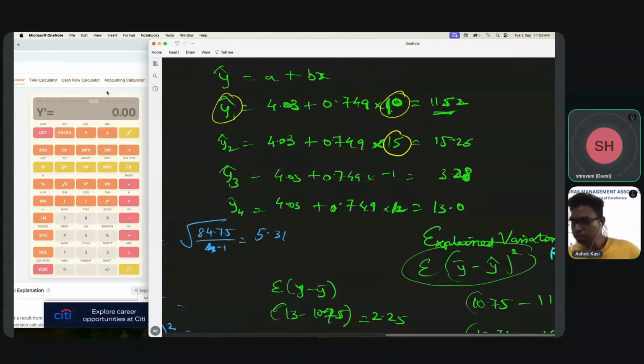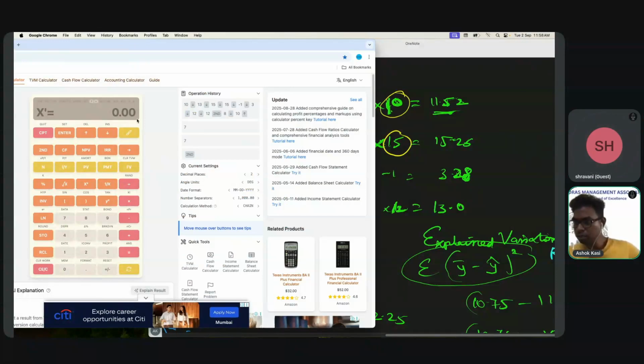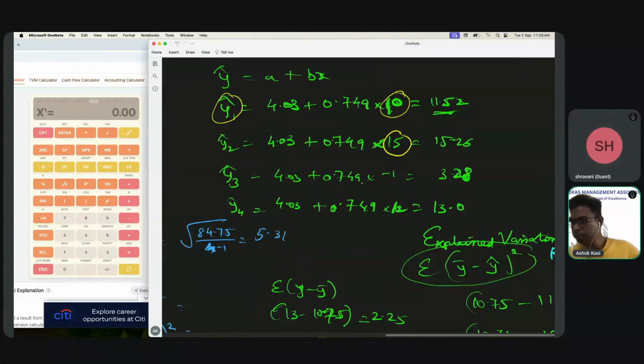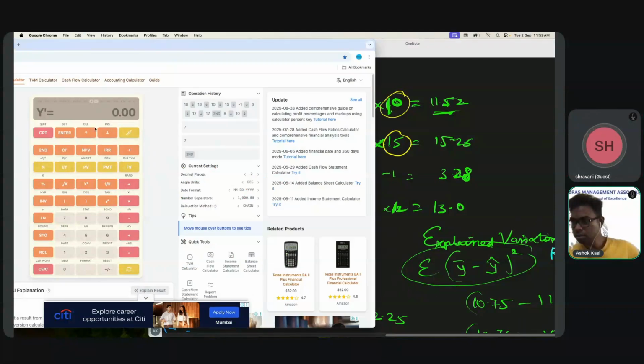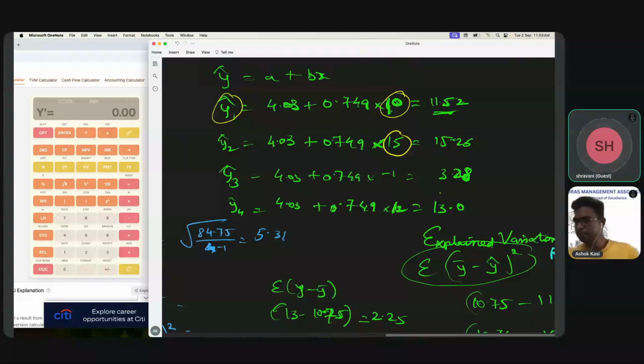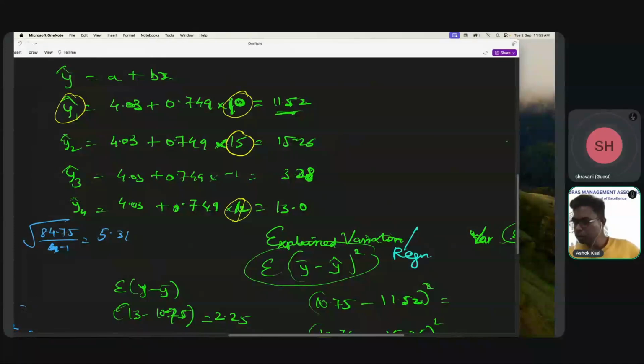Then similarly, you go to x, type -1, then downward arrow, come to y, click on compute. 3.28 is okay. Similarly, calculate for 12 also. 12.98, so that is 13. So this predicted value is fine.